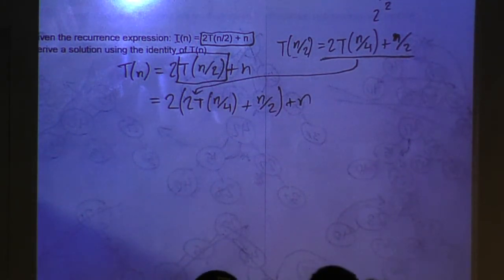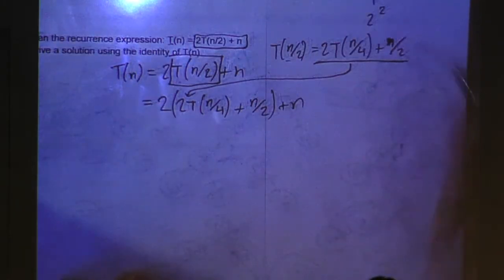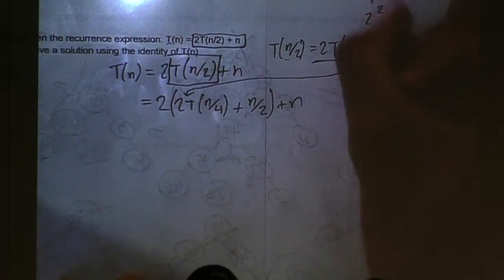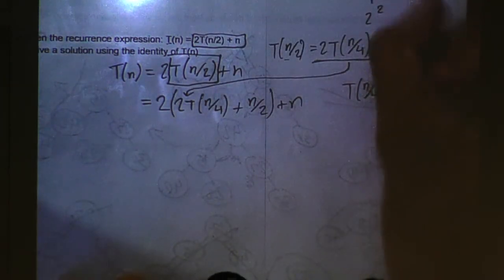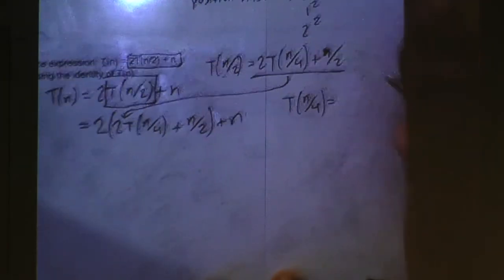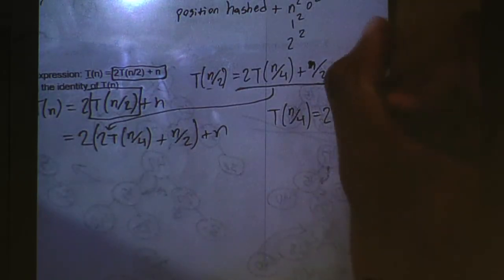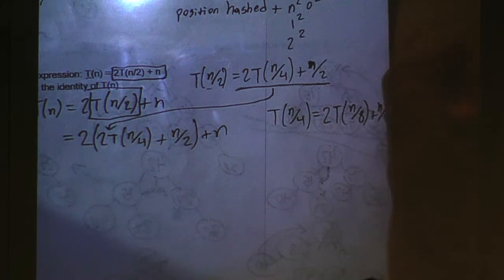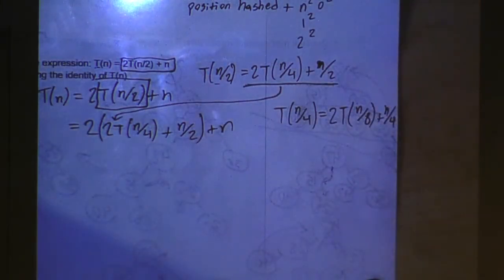Does that make sense? Okay. So then just how we did here, how we know what T of n is, if we have T of n over 4, we know it's going to be 2T of n over 8 plus n over 4, right?